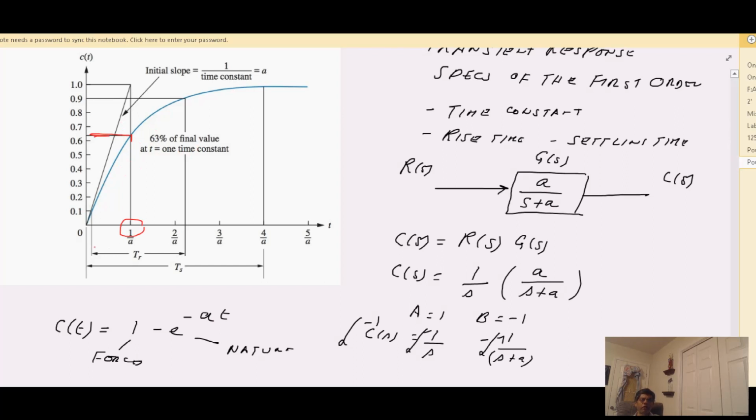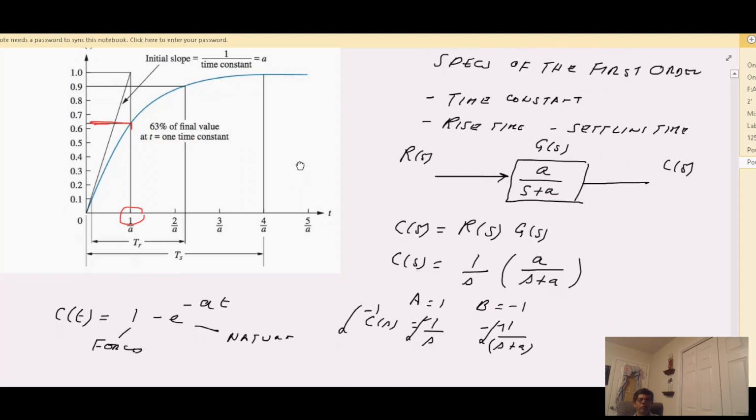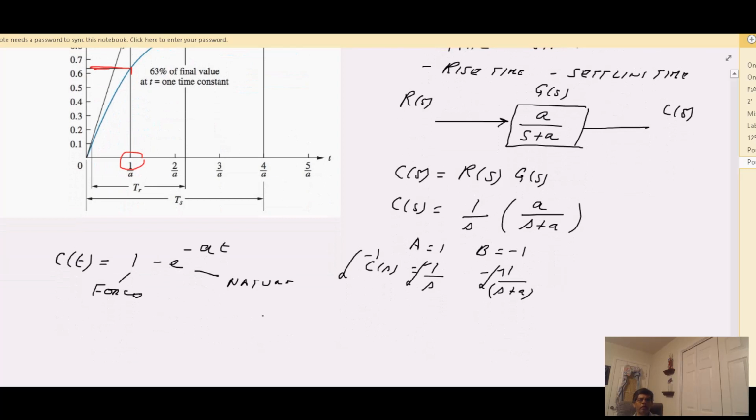How do we define that? You can see the time constant Tc is equal to 1 over A, isn't it? So here we got one parameter nailed down, and I can write Tc is equal to 1 over A. How long it takes to get to 63% of the final value is called the time constant. So we got the time constant, and this will really help you in solving problem number 1.